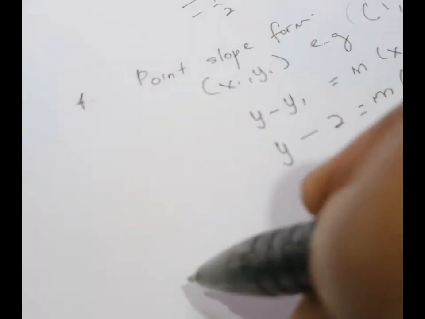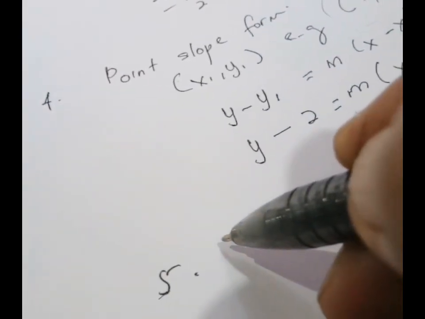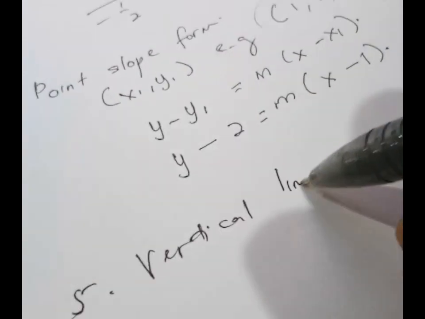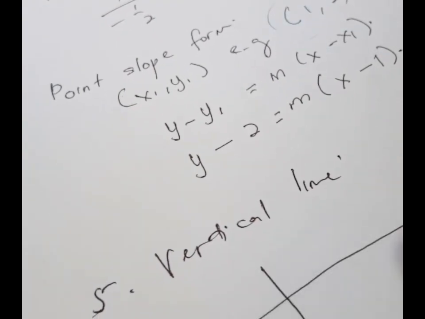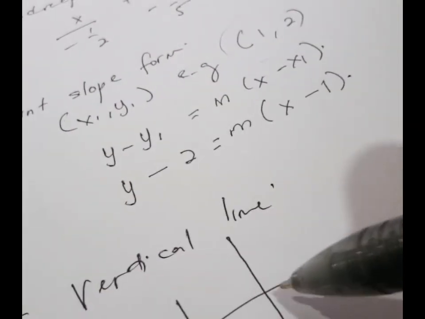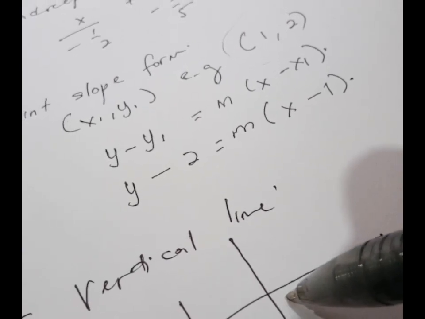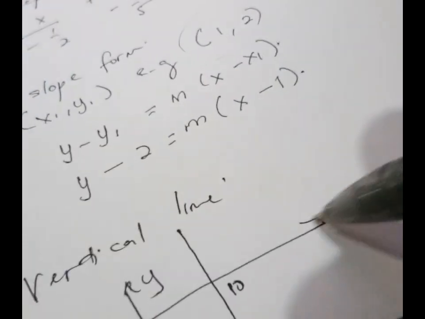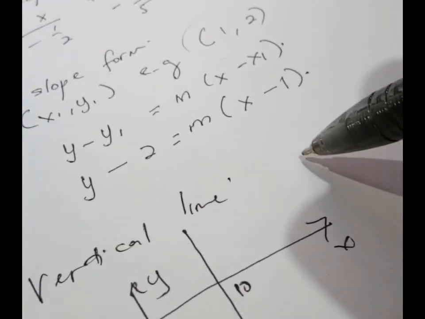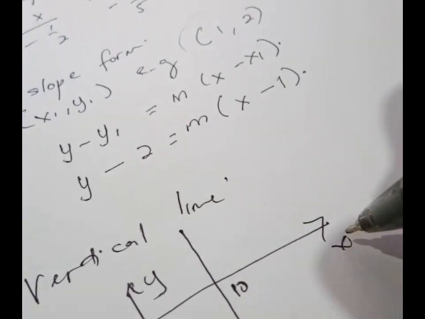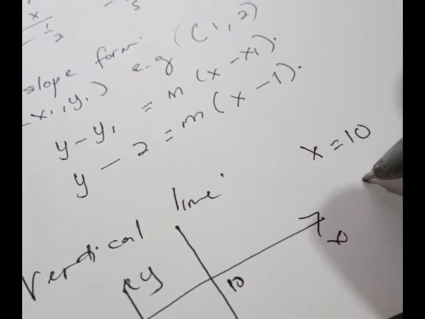Okay, next is vertical line. For a vertical line, we have a straight line at any given point, let's say 10 here. For a vertical line, the equation is x equal to the point where x exists, and that's it.